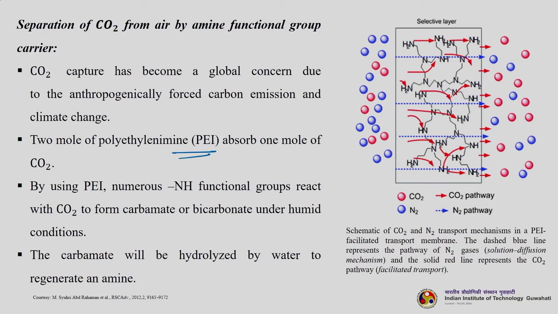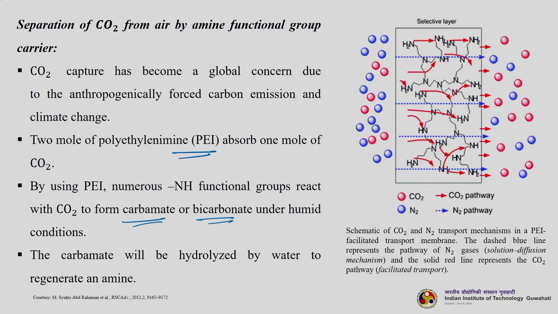By using PEI, numerous NH functional groups already present in the membrane matrix react with carbon dioxide to form carbamate or bicarbonate under humid conditions. A humid condition is a necessary requirement. Carbamate will be hydrolyzed by water to regenerate amine on the opposite side. You can see how it is happening. This is the schematic of the carbon dioxide and nitrogen transport mechanism in a PEI facilitated transport membrane.